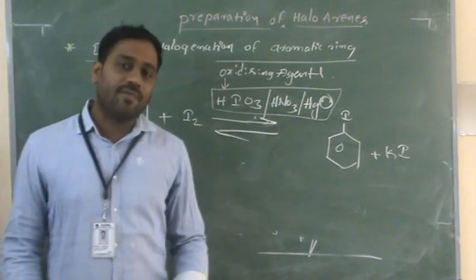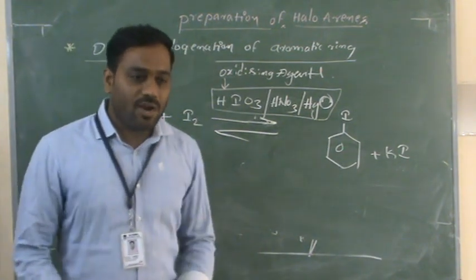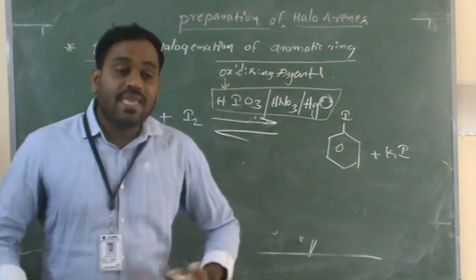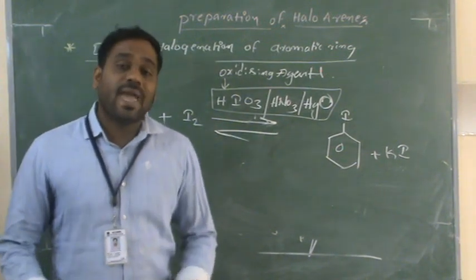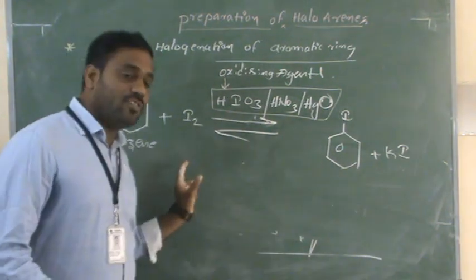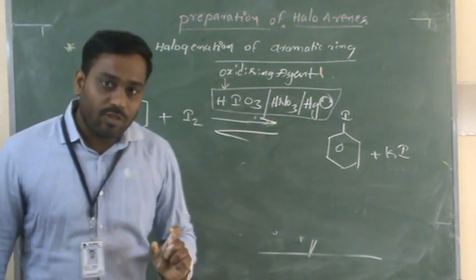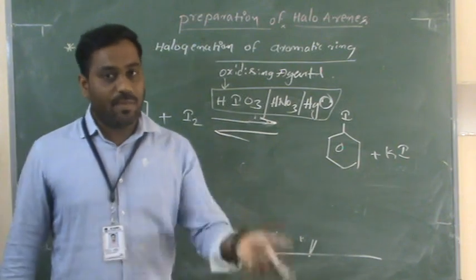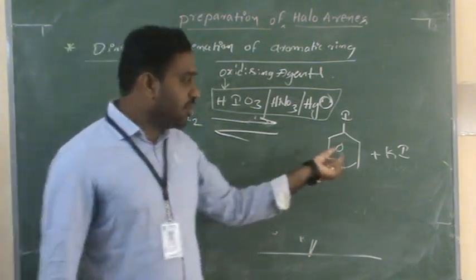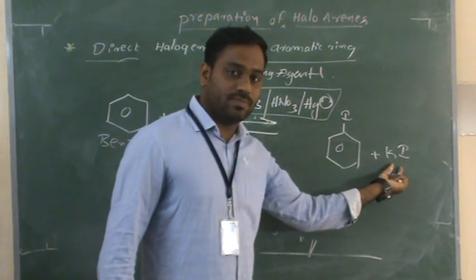Which means the yield of the product, iodobenzene, may be very low. To increase the maximum amount of iodobenzene, we should stop the reversible reaction. How is it possible to stop the reversible reaction? By using Le Chatelier's principle, there is one method: you can continuously remove the byproduct.